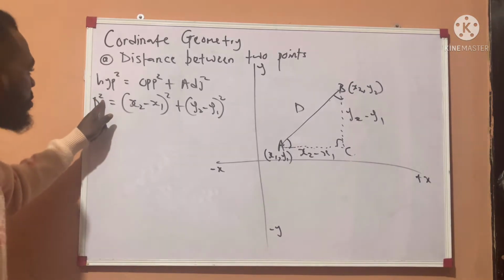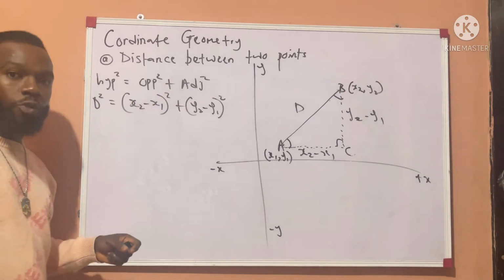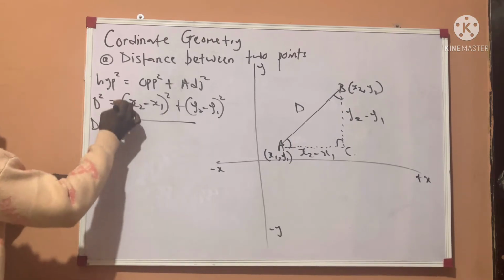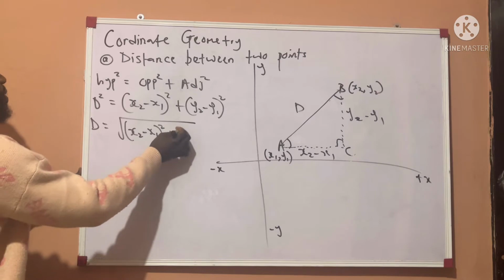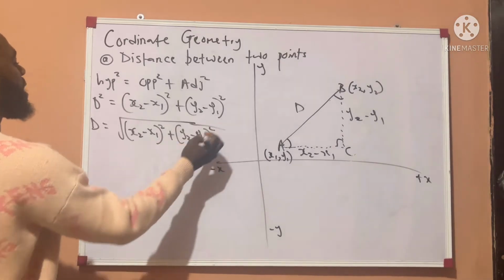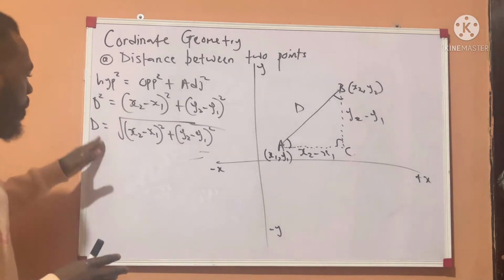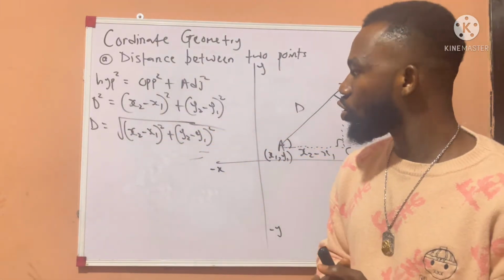The square crosses the equality sign to the right hand side of the equation and becomes a square root. So distance is equal to the square root of x2 minus x1 squared plus y2 minus y1 squared, which is of course the distance formula for solving the distance between 2 points.